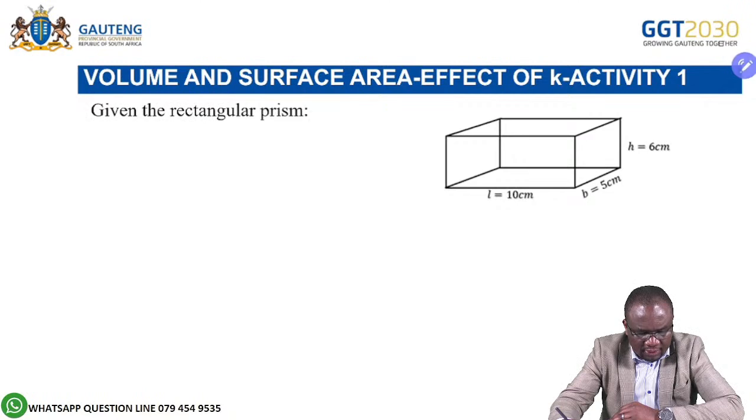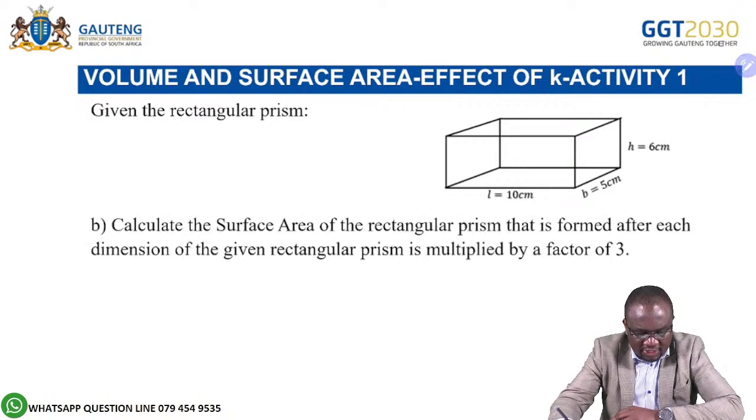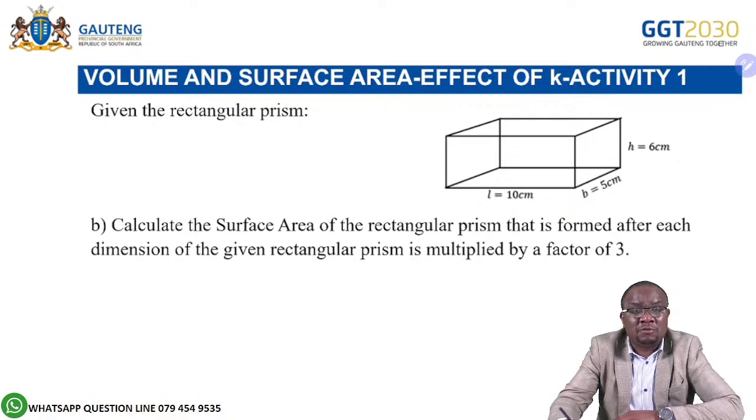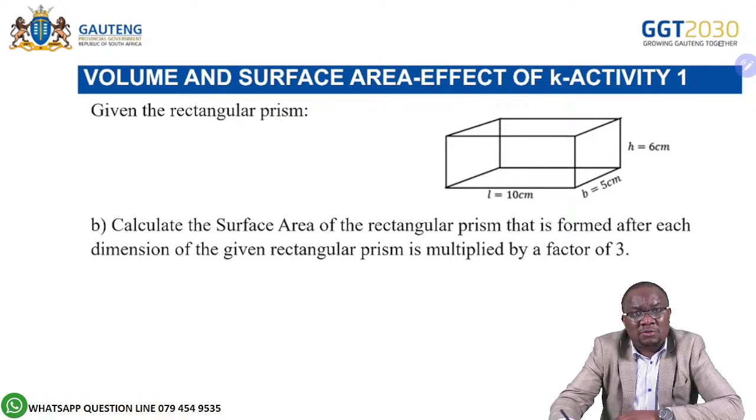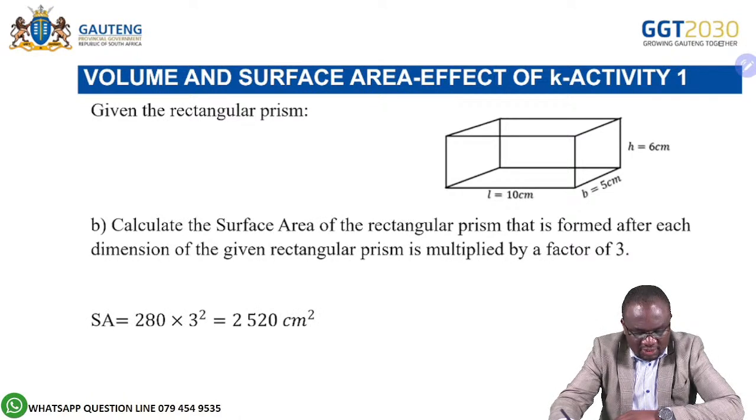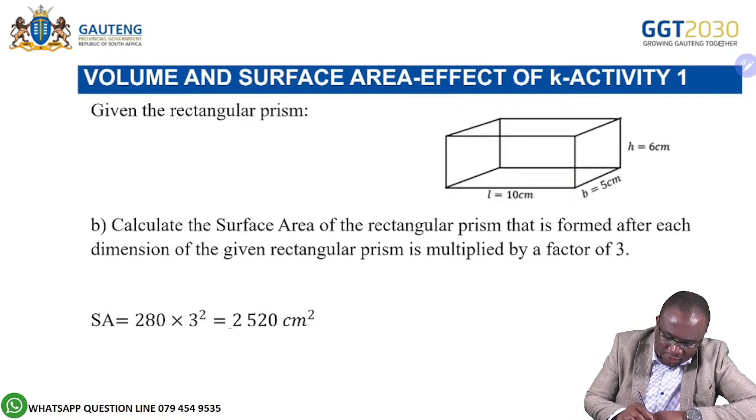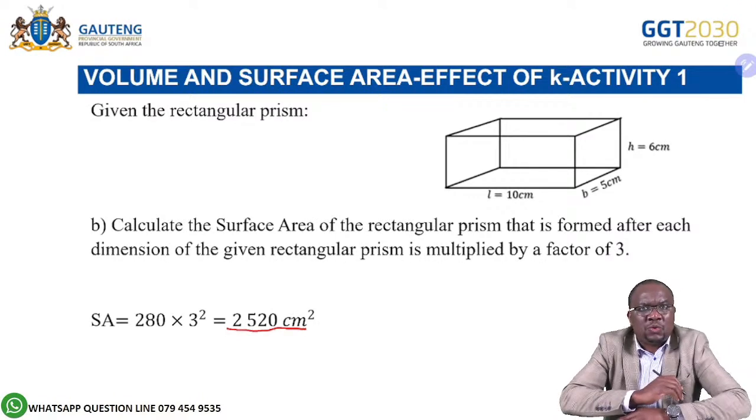Okay. And then we move on. B. Given the rectangular prism here, calculate the surface area of the rectangular prism that is formed after each dimension of the given rectangular prism is multiplied by a factor of 3. So it means the surface area is going to be multiplied by 3 squared. So if you say 280 square centimeters times 3 squared, we're getting 2,520.